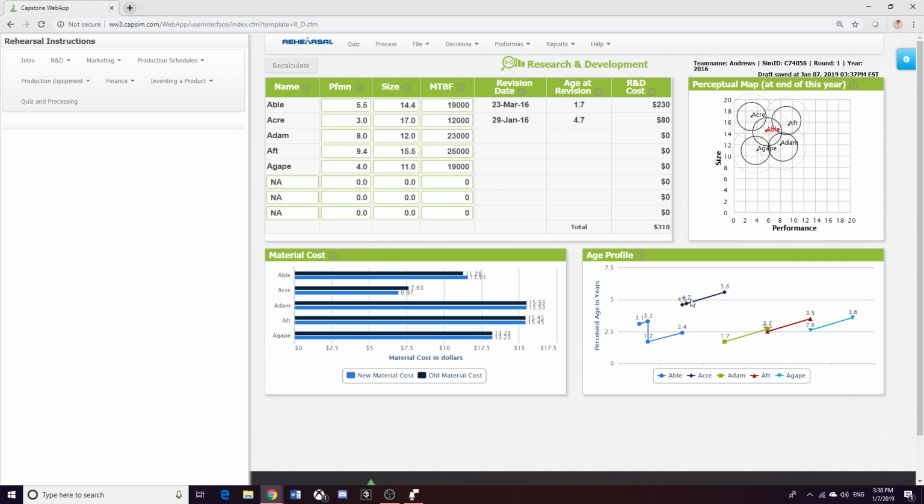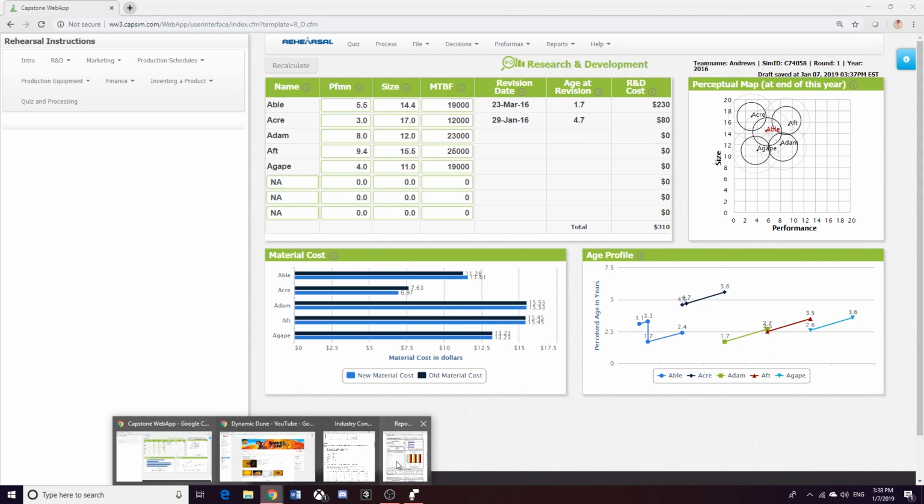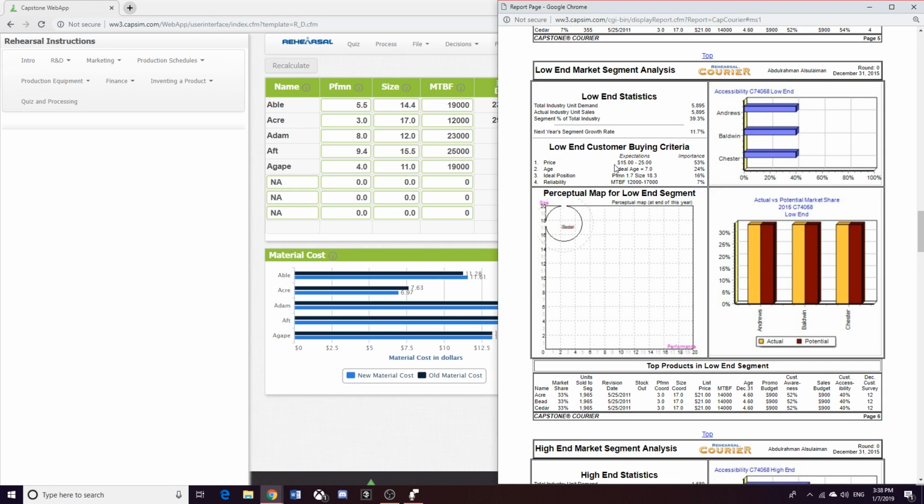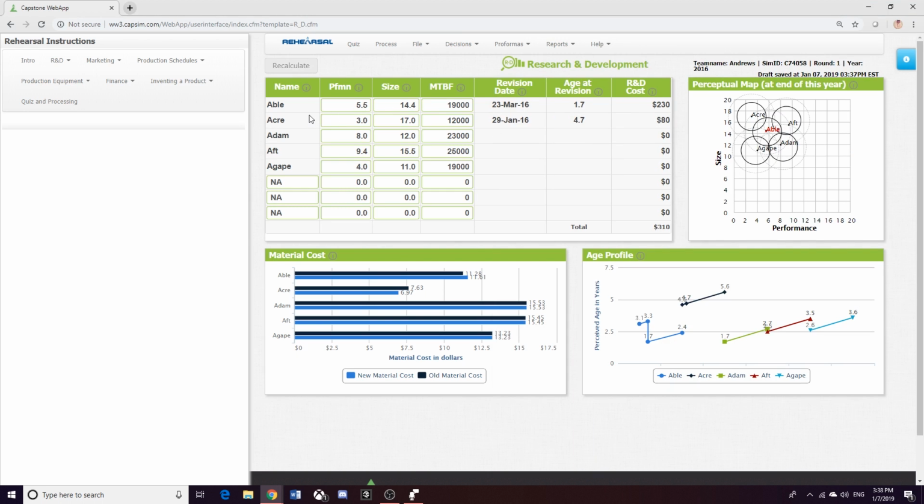And it tells you that at the end of this round, the age of this product is going to be 5.6. So you say, all right, perfect. This product is good. We want the age to be around 7 for Acre, because it is in the low end segment, and customers in the low end want a product that is high in age. So we're done with the low end segment for R&D.